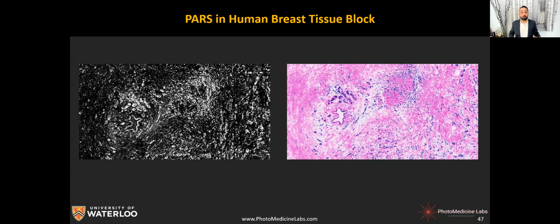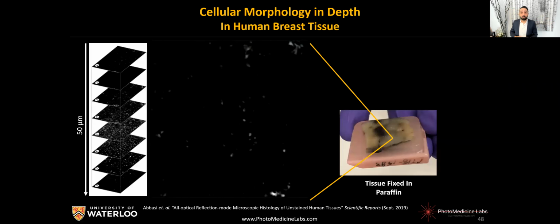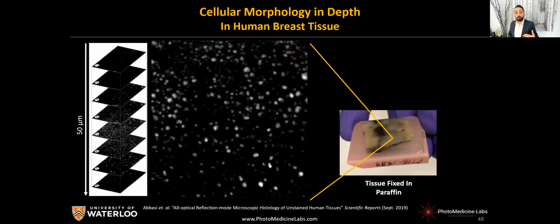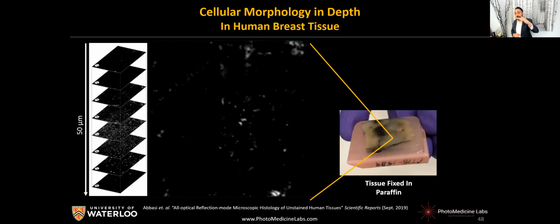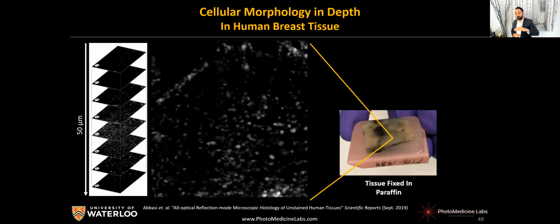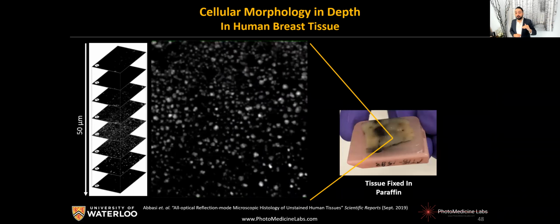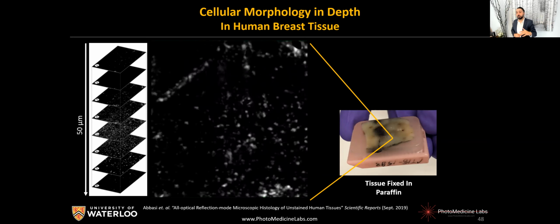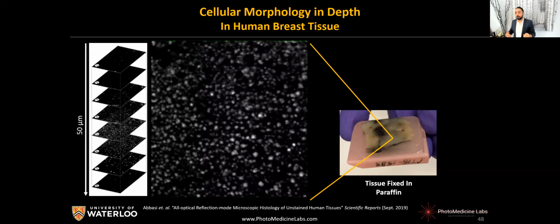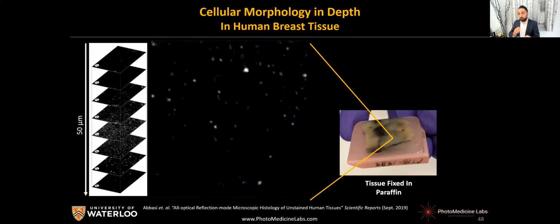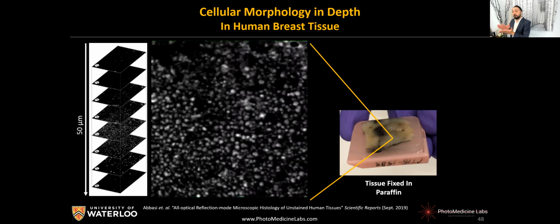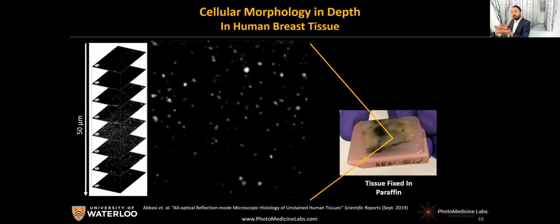I'm quickly going through, again, black and white PARS, H&E-like PARS. So the exciting solution that we can offer is that we can virtually slice this tissue block, instead of using mechanical shaving as the gold standard usually does, and putting each of those shaved slices on a glass slide and then doing H&E on them.